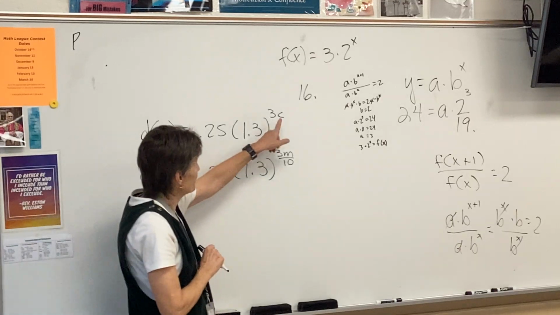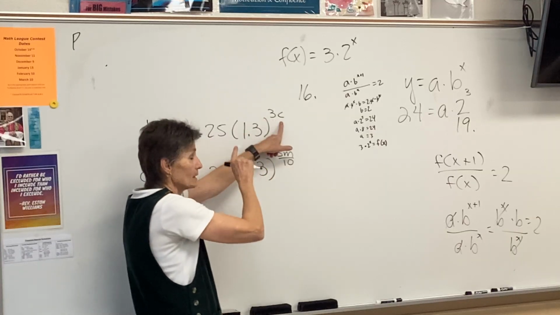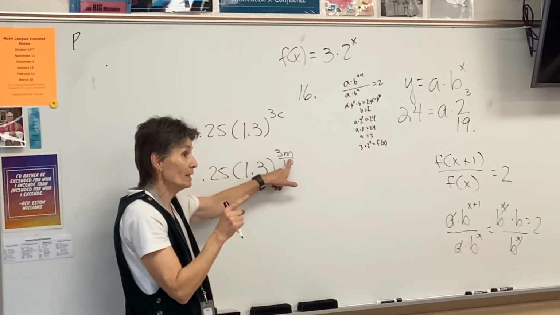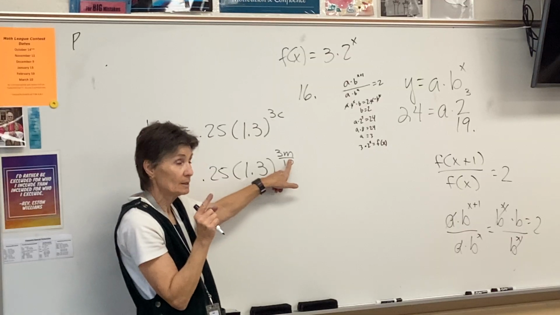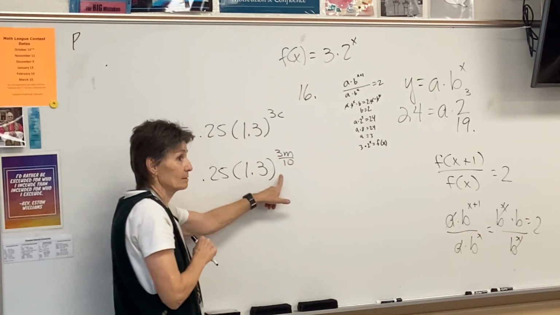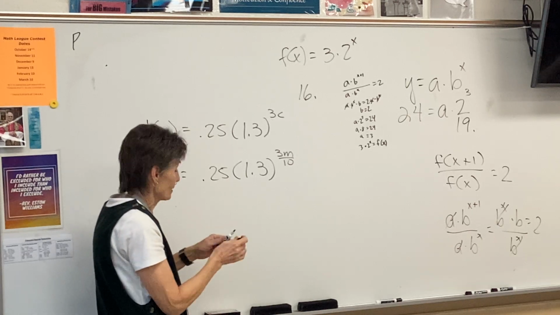Now, if I put in 1 centimeter, that's what I'll get. If I put in 10 millimeters, which is exactly the same as 1 centimeter, do I get the same thing? Yeah. So there we go.